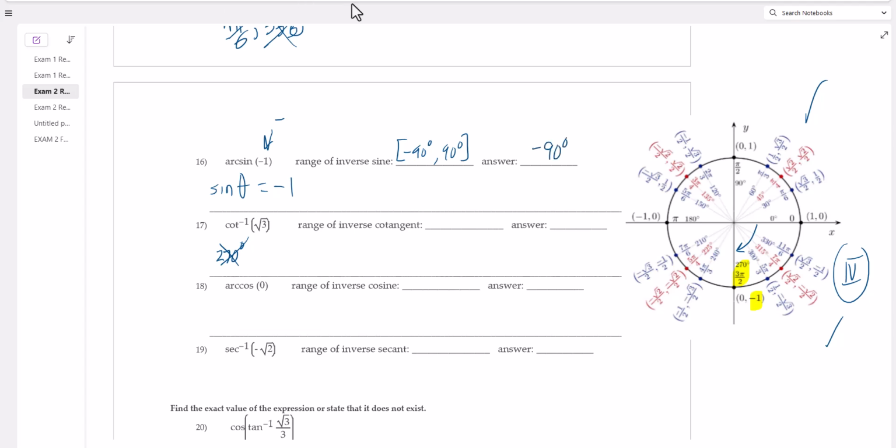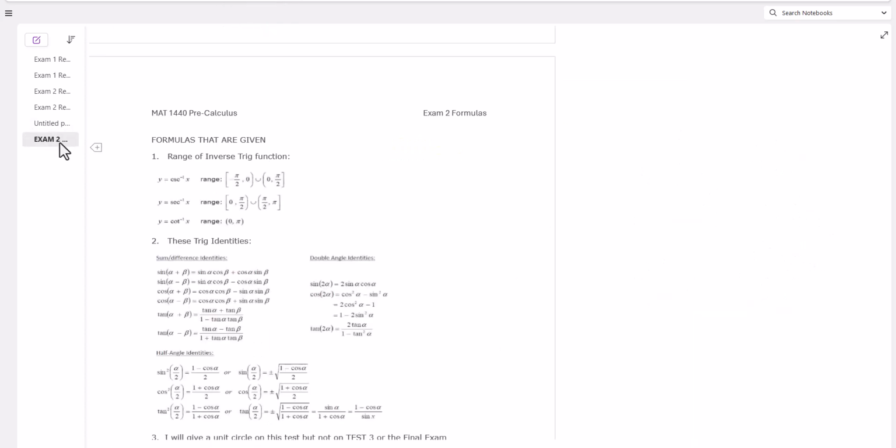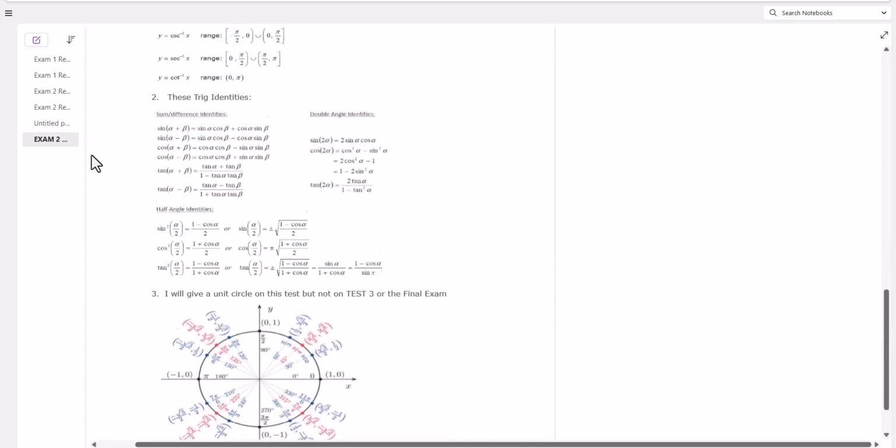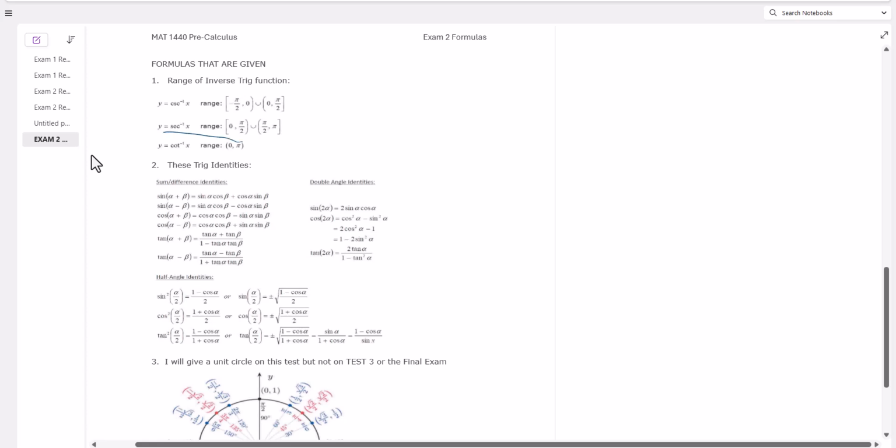Okay, next problem, cotangent. Cotangent is one of the things that I said I would give you the range of, like on the formula sheet I gave you. I will give you this range right here, 0 to pi.